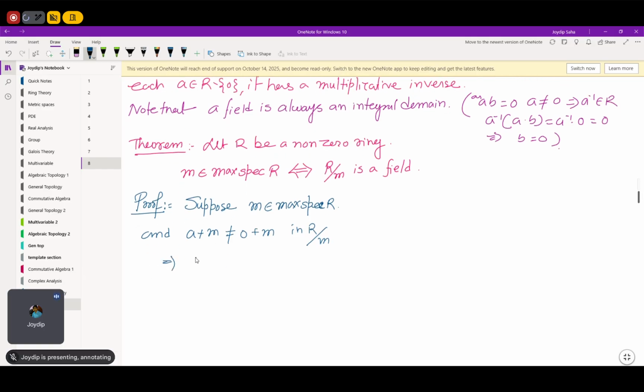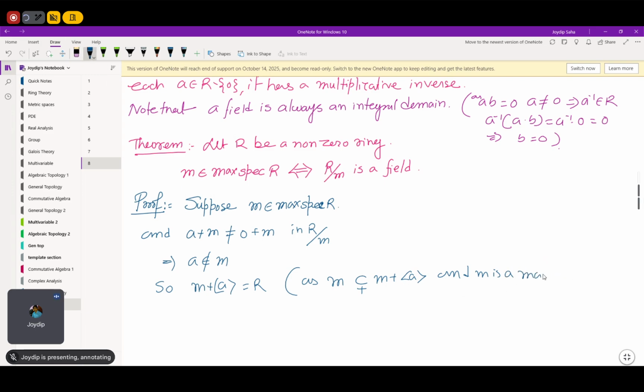Now, this implies a does not belong to M. So the ideal generated by M and a is R by maximality, as M is strictly contained in it, because a does not belong to M.